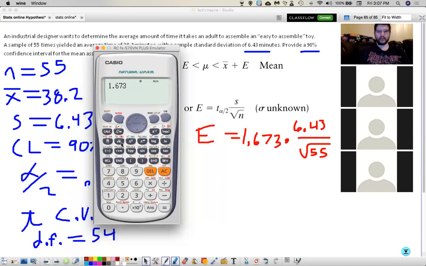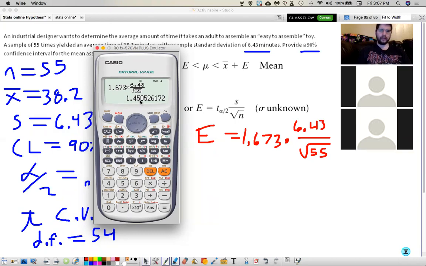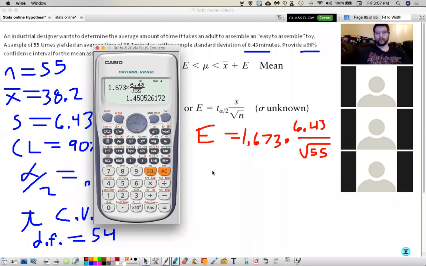I got that 1.673 from the chart. 1.4505.